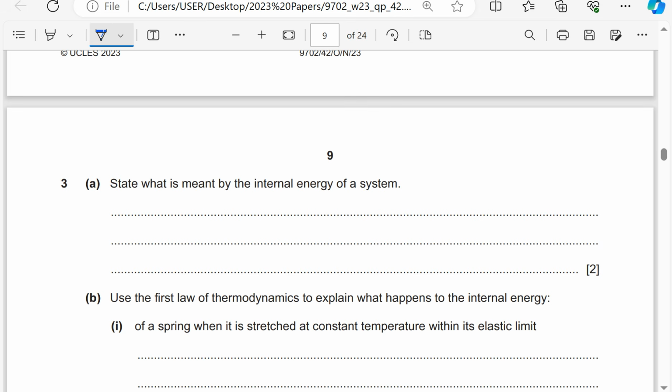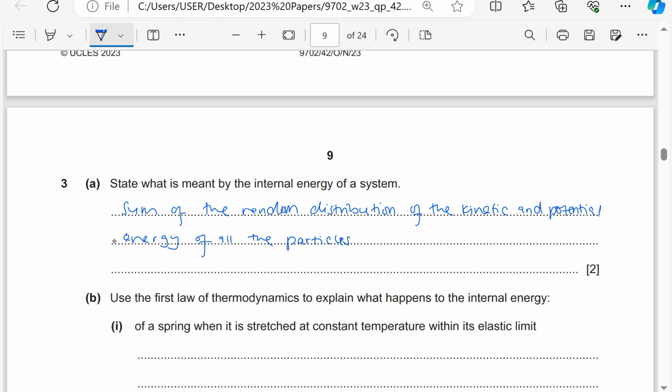State what is meant by internal energy. This is, of course, thermodynamics. Internal energy is the sum of the random distribution of the kinetic and potential energy of all the particles that make up the system.